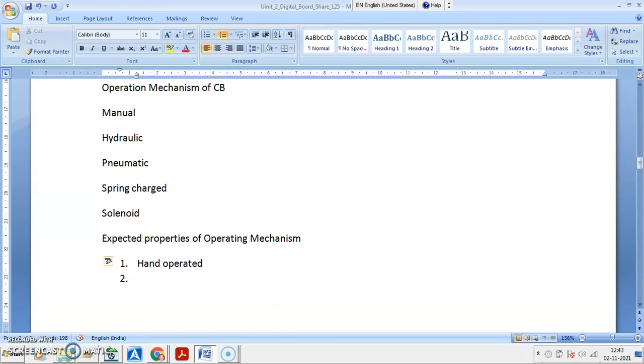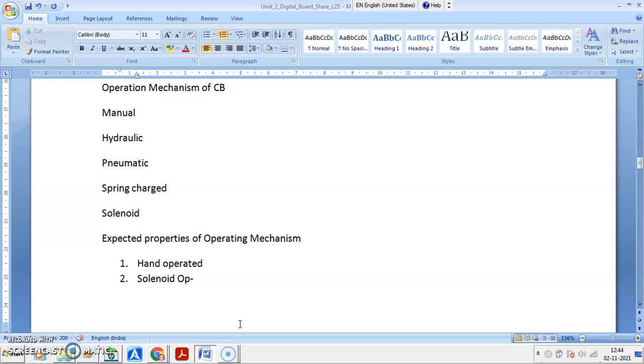Then you may have solenoid operation. In this solenoid operation, this is also simple and not too costly. Electrical energy of the electromagnet, that is especially the solenoid, is transferred to mechanical energy for operation of the circuit breaker.